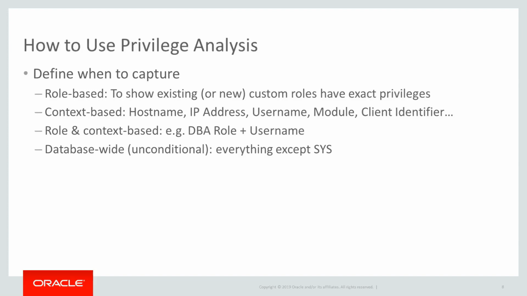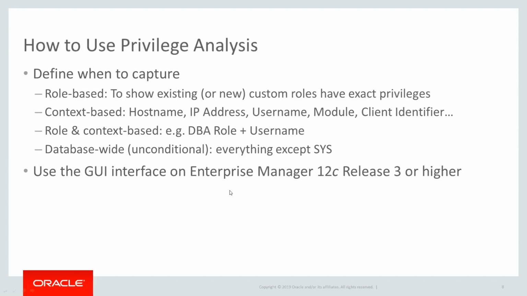Well, for the same reason that you don't revoke privileges from root. Root is there for a specific purpose. SYS is there for a specific purpose. We want to stop using those accounts, the root account, the SYS account, for day-to-day operations and have named accounts with custom roles that have those exact privileges that you need to perform that task.